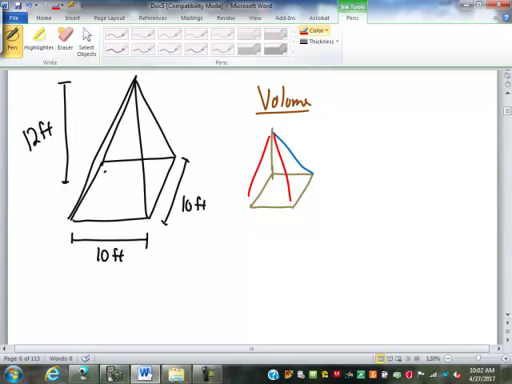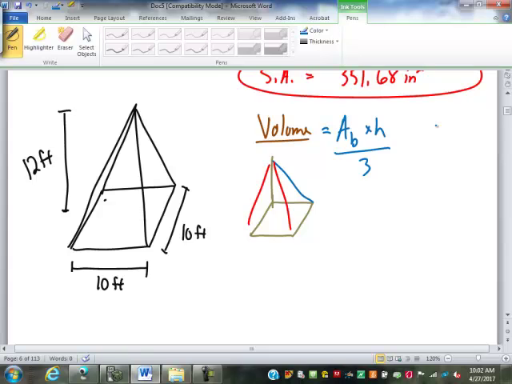It actually comes out to the volume for a pyramid. Actually, anything that has one base and comes to a point, the volume is the area of the base times the height, just like we did before, divided by 3. It's 1/3 of the box that would contain it. One of the ways I remember that is this.